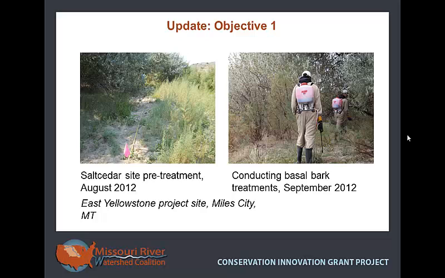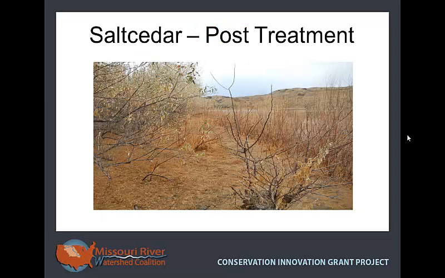This is just a picture of one of the saltcedar sites that we worked on. Of course, we went in and did basal bark treatments with backpacks, triclopyr basal oil mixtures, saw 95% control with one treatment, and we came back in year 2 and just did spot treatments on any of the regrowth. That's a picture of what that site looks like about 30 days after treatment.